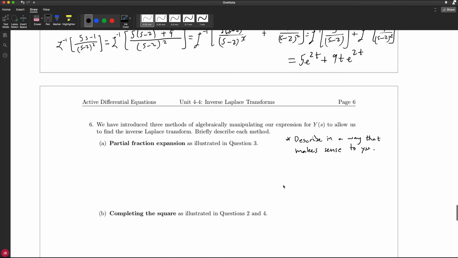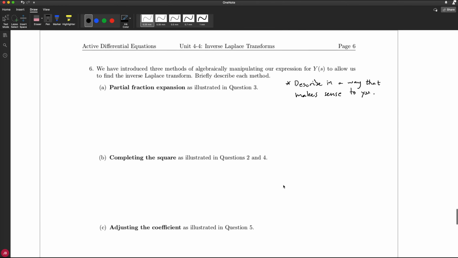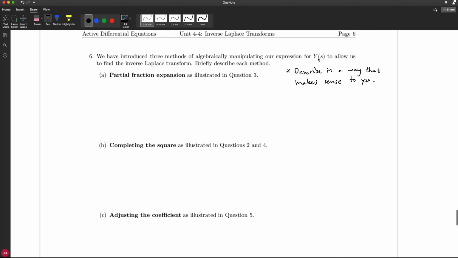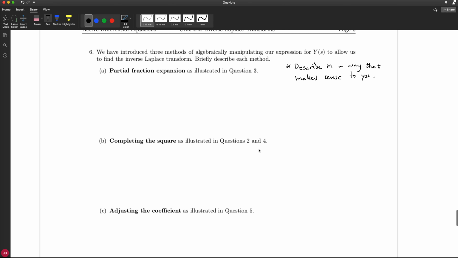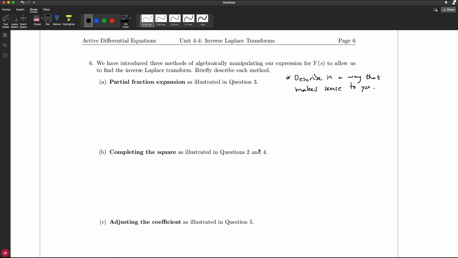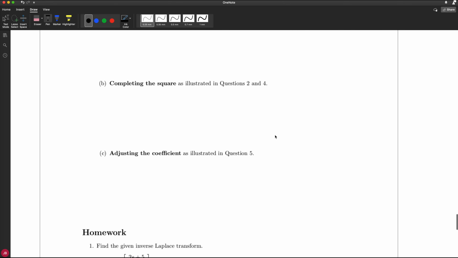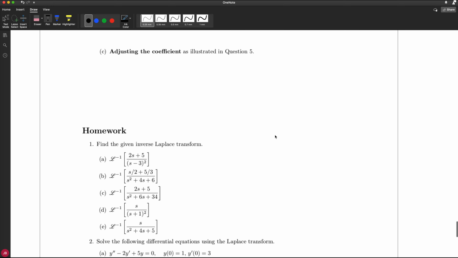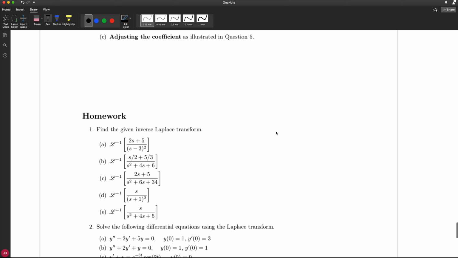All right. So I'm not going to spend too much time on number 6. But what I will say is describe these methods in a way that makes sense to you. You can stick with the Calc 2 method if you like. But with irreducible quadratics, I really hope you'll do it the way that I illustrated in the last video. And for the homework, I think this last page where I gave a couple extra examples will help with some of these.